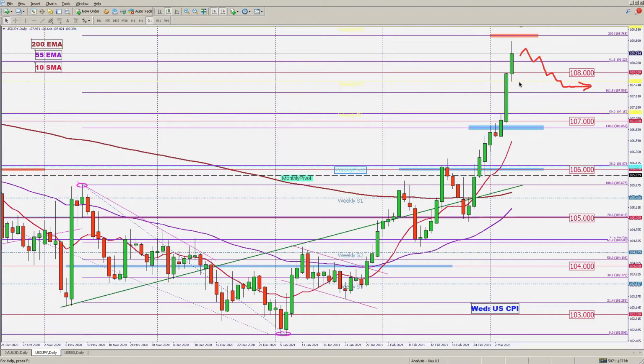We'll see if there's any further breakthrough higher, or it could just consolidate to build a base above the 107, before threatening to move up higher as well.